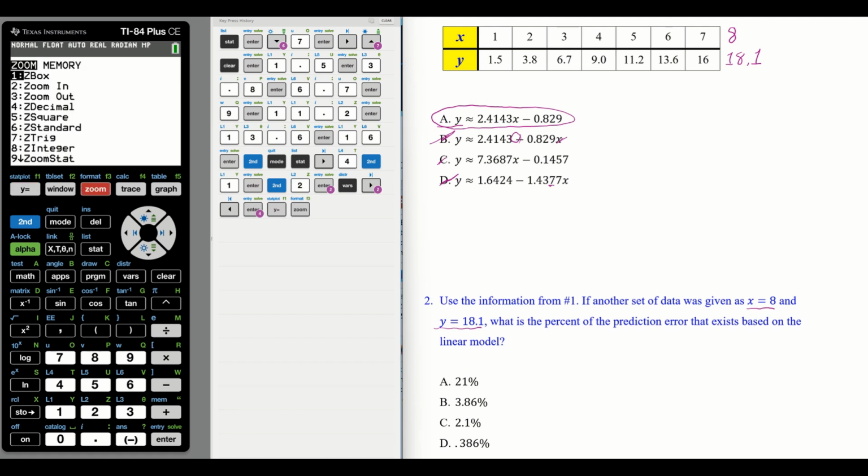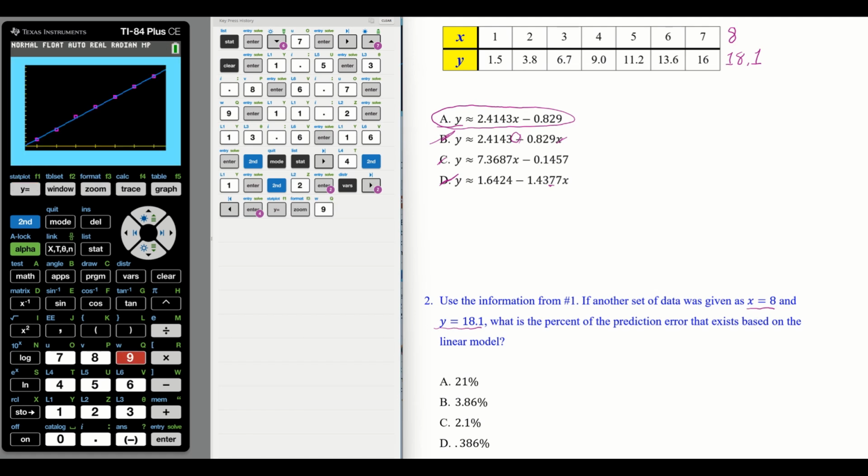Remember, that was Zoom 9. Wow, there it is. And see how that's 1, 2, 3, 4, 5, 6, 7. Really great correlation. Super close. But that's not what it's asking. So how do I get my 8 and my 18.1 error?